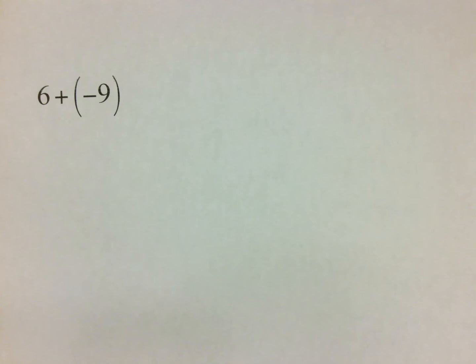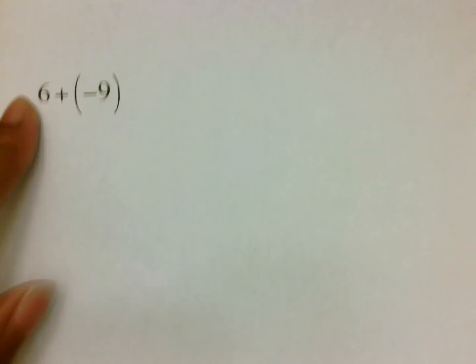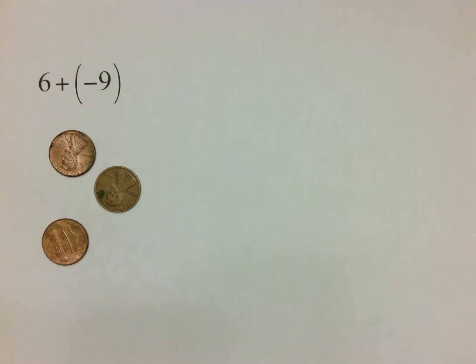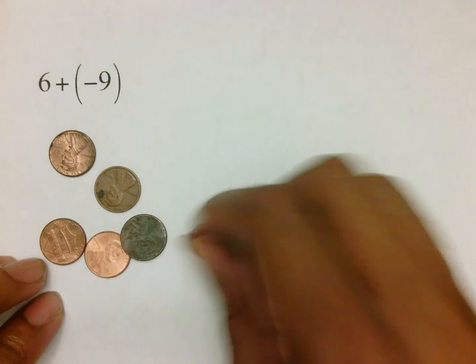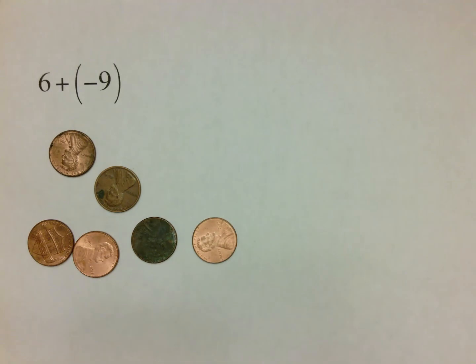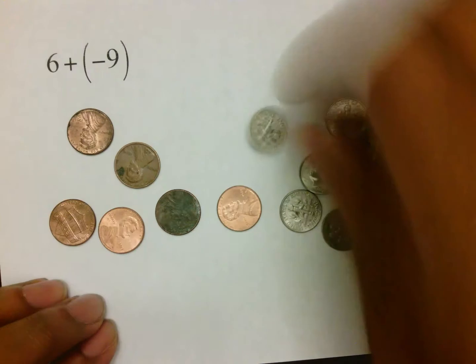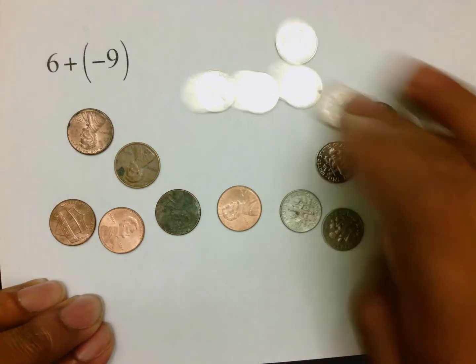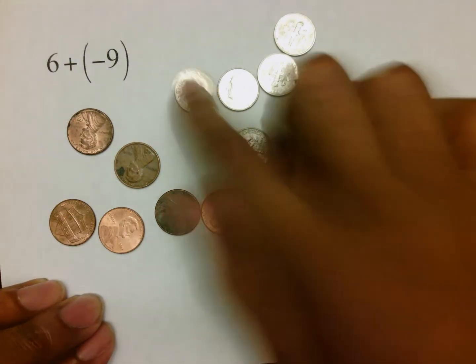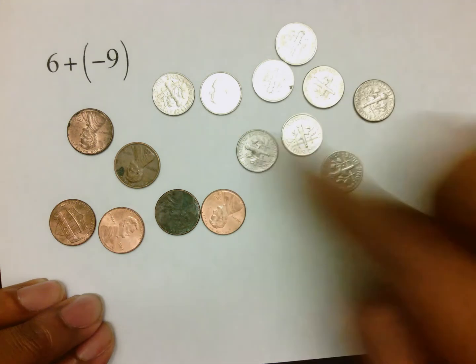6 plus negative 9. Again, 6 would be a positive 6 because there's no sign in front of it, so we assume positive, 1, 2, 3, 4, 5, 6. Plus negative 9, which would be 9 dimes. I'll just do this off to the side. Okay.